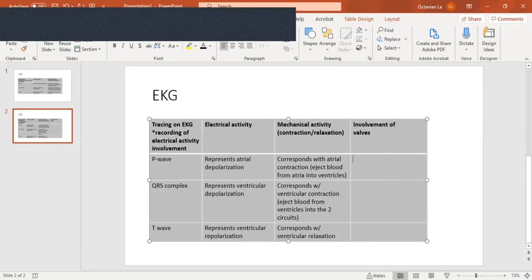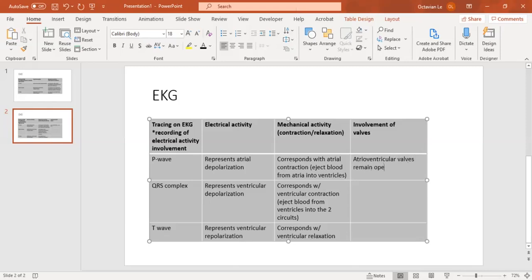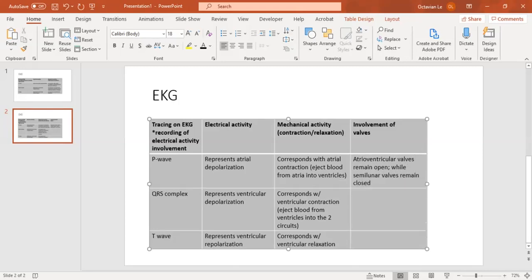In the P wave, we have blood pumping from the atria into the ventricles. So that means the atrioventricular valves remain open, while the semilunar valves remain closed.